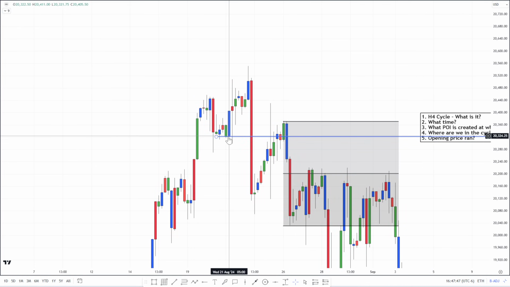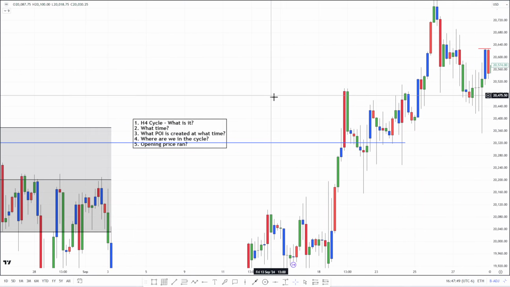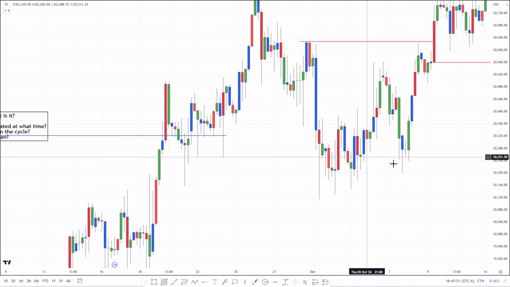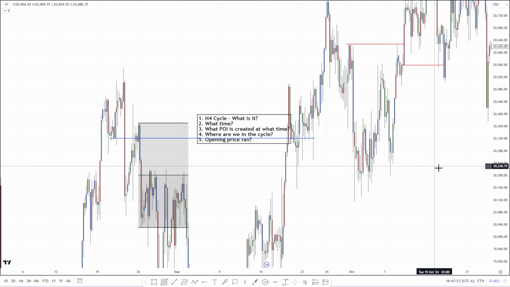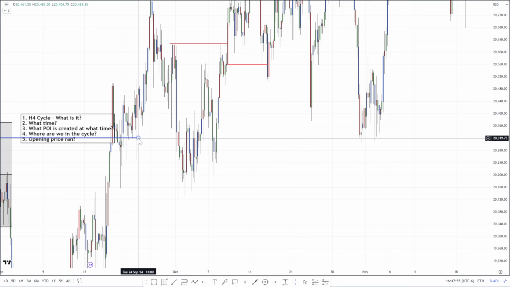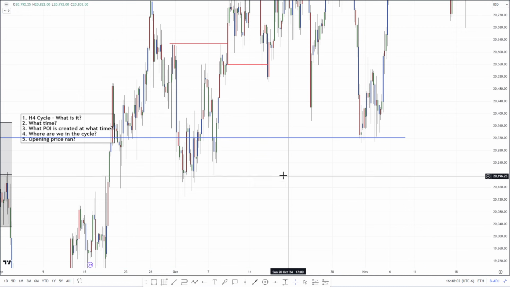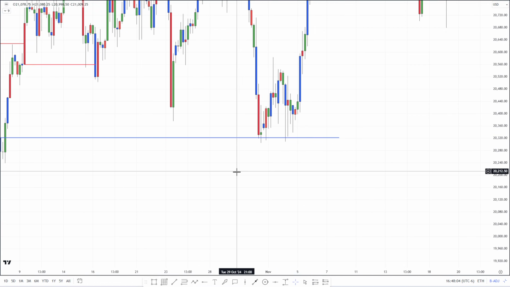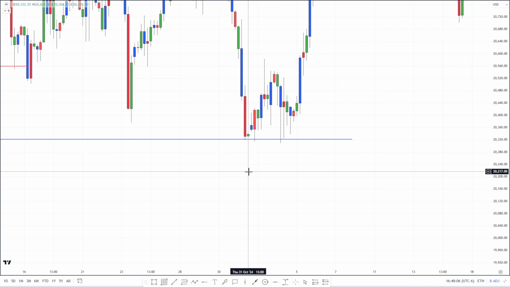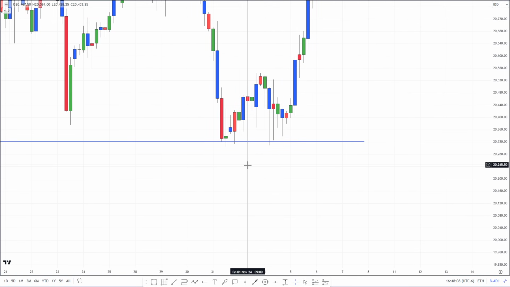Opening price. Let's move it all the way across. And what do we get?